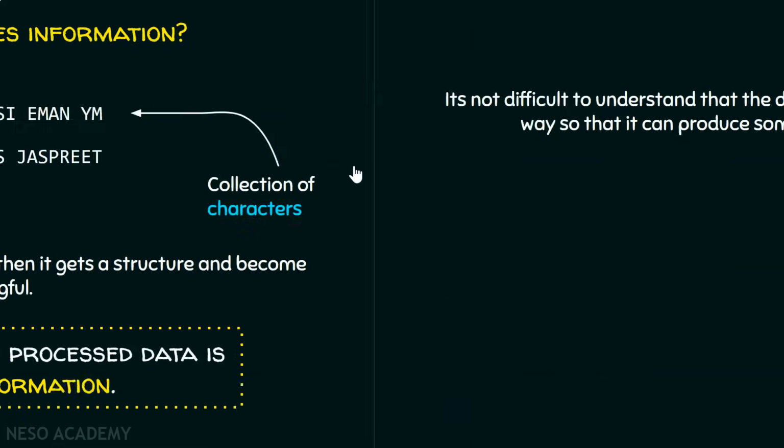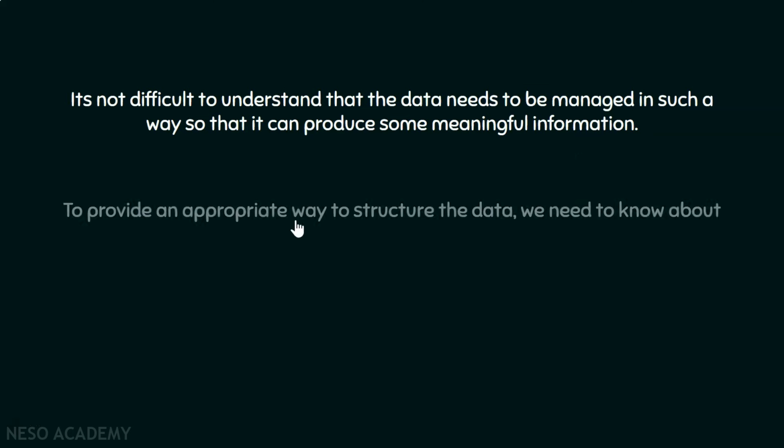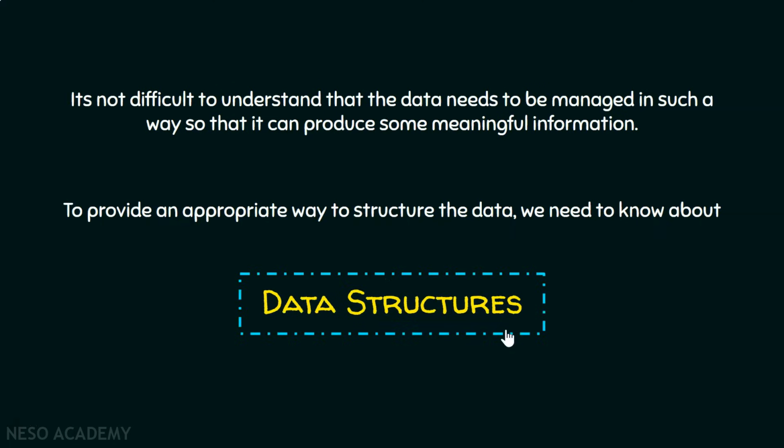Now, it is not difficult for us to understand that the data needs to be managed in such a way that it can produce some meaningful information. We need to arrange our data, we need to manage our data in such a way so that we can produce some meaningful information. To provide an appropriate way to structure the data, we need to know about data structures.